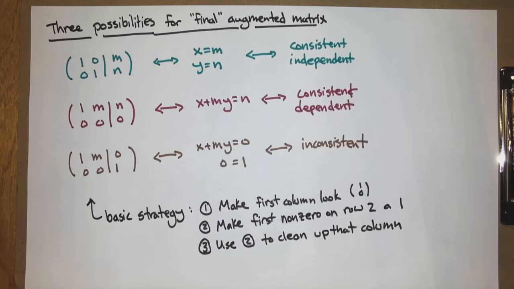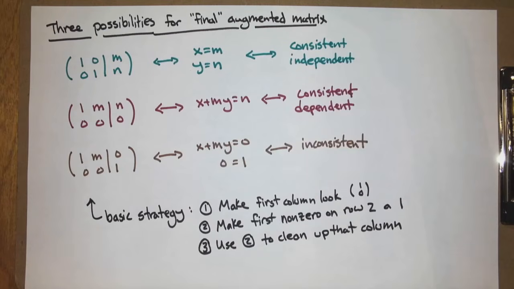What's our basic strategy? How do we get to these? We're going to get into this discussion extensively on the next lecture. But your basic strategy is just saying, I want lots of ones and zeros. Start in the first column. Make it look like a 1, 0.